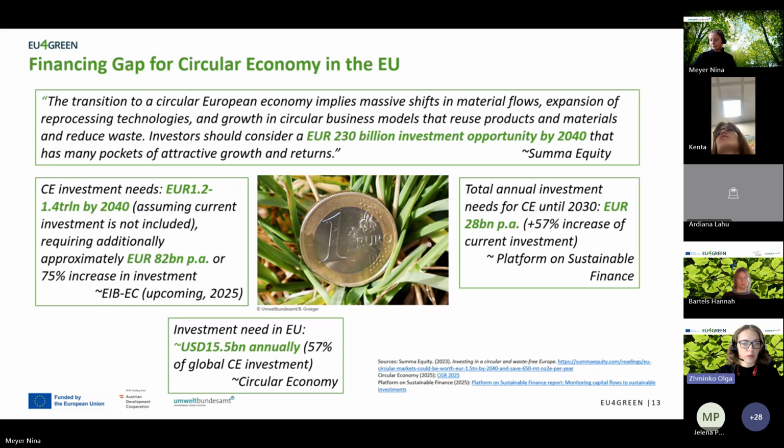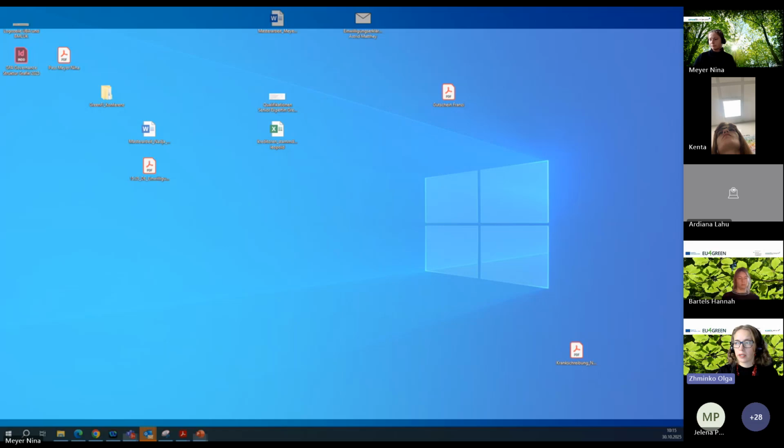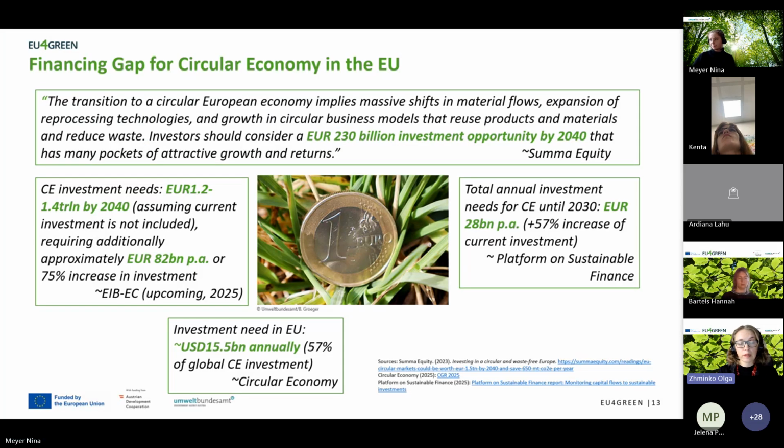and also that assessment of circular economy requires access to multiple data sources, and it is very complex. There is no common methodology, there is no common approach. Also, for example, in the Platform on Sustainable Finance, some circular economy financing could be included under climate adaptation.